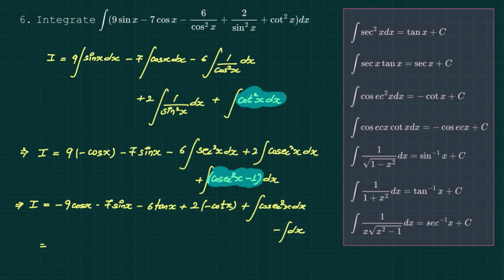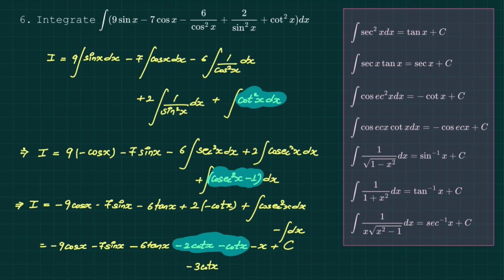Hence my answer will be minus 9 cos x minus 7 sin x minus 6 tan x minus 2 cot x. Integration of cosec square x is minus cot x, and integration of minus dx is minus x plus c. So at last, don't forget to write the constant of integration. Here we can add these two terms, then there will be minus 3 cot x in our answer.